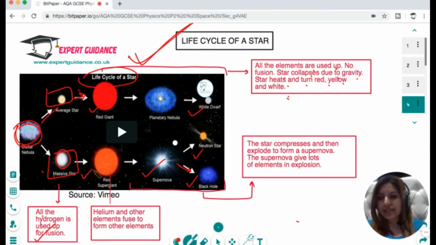Now, in the supergiant, helium and other elements fuse to form other elements, and when the star explodes, it compresses and then explodes to form a supernova, and the supernova gives lots of other elements in the explosion. So you should know the difference between the life cycle of a star if it is of the size of the sun or greater than the size of the sun.